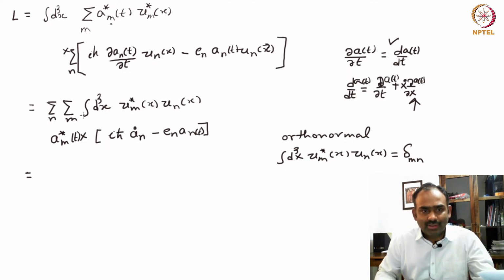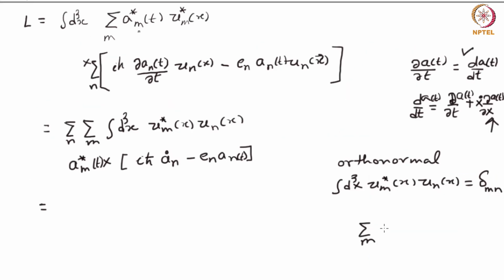Now, when you are summing over all m, what you get here is summation over m delta_mn, and you have a_m star of t, another factor does not depend on m. So it's fine up to here, and when I sum it, it will pick up a_n star.